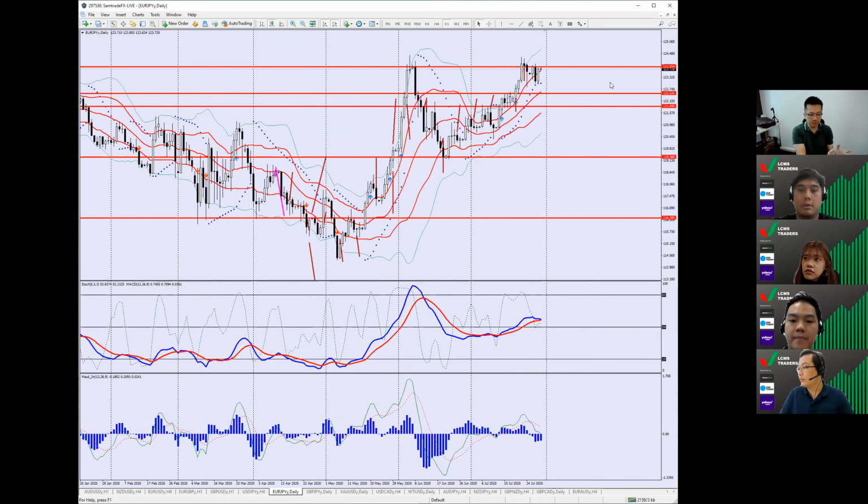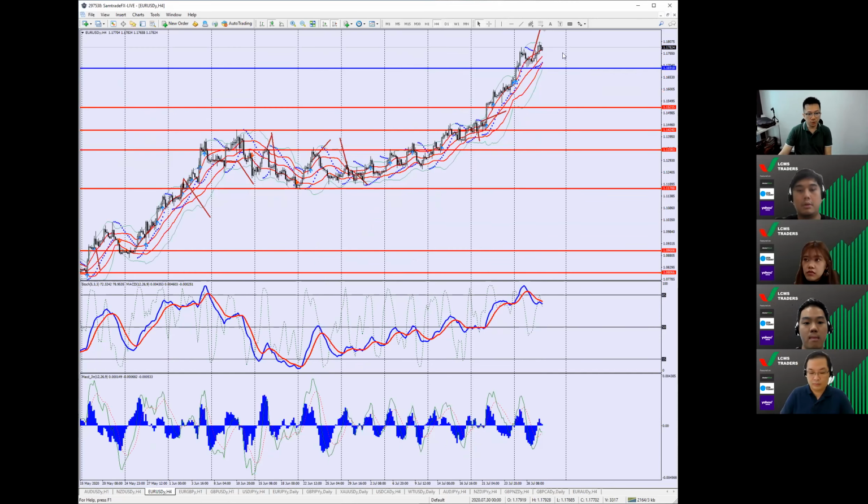Because it's a yen pair, if the yen starts gaining strength or the US dollar starts losing strength, we could see the yen come down, and we could see it pull the euro yen down as well. But it's also the euro US that's trying to climb up, right? So I'll just jump briefly to the euro US. Euro US is still on the upward trajectory, so that could lead to that conflict, right?